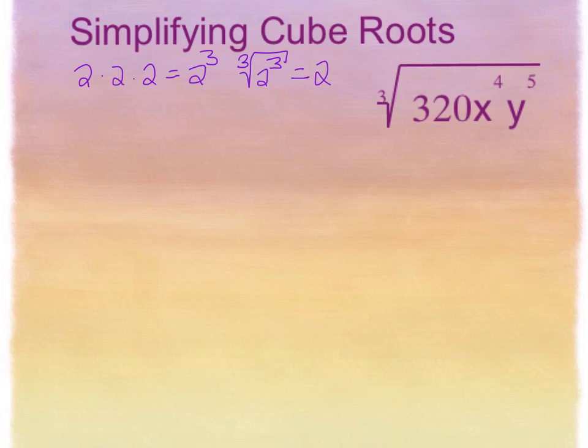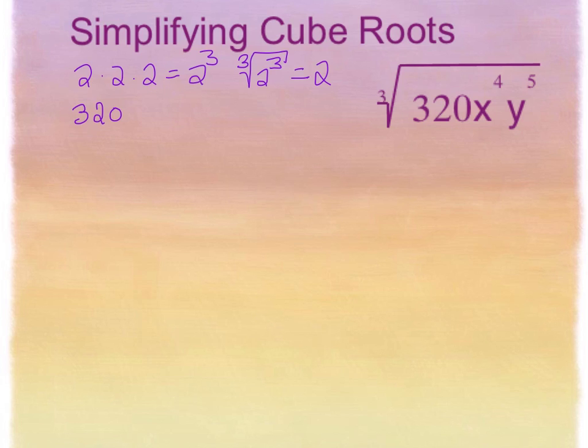Alright, so let's start to look at just this constant here, 320, and we're going to break that down. I'm going to write it here. Now 320, the first thing I see is 32 times 10. I'm going to start to break this down into prime factorization. You might see 40 times 8 or 80 times 4. It really doesn't matter.